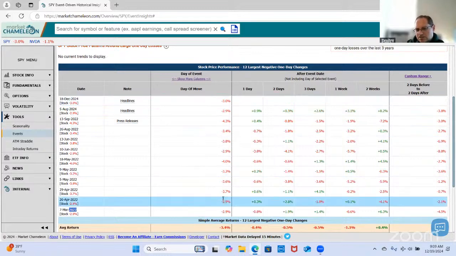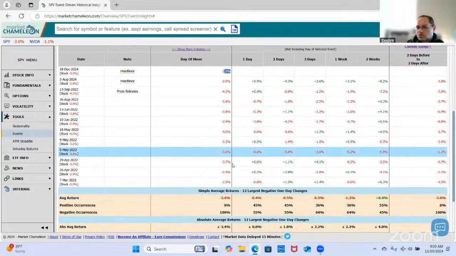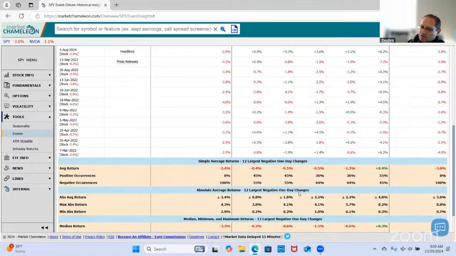So these, you could see yesterday's falls in that range, an average down 3.4%. So here, the next day move shows something a little bit different, that more often it goes down, 55%, almost 50-50, with a negative return of 0.4%.